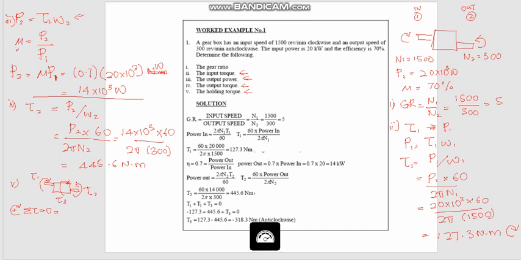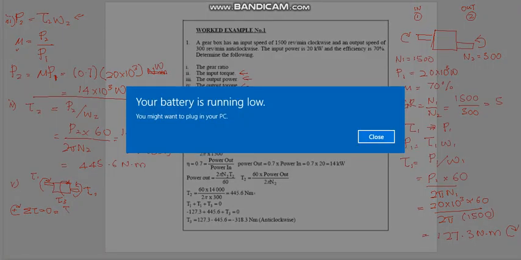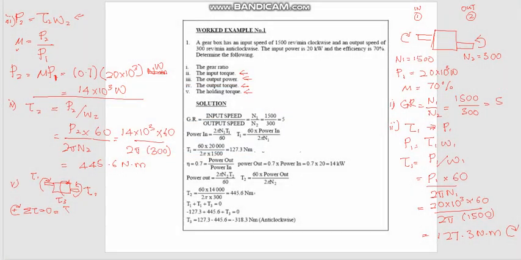So I have tau 1, which is positive clockwise, plus tau 3, which is also clockwise, so it's positive.